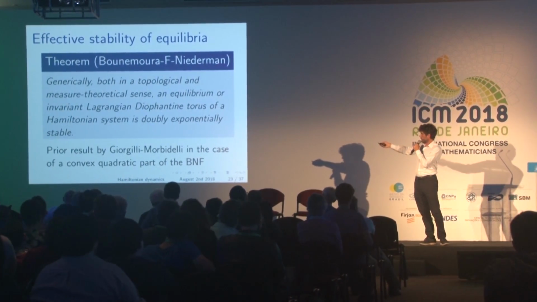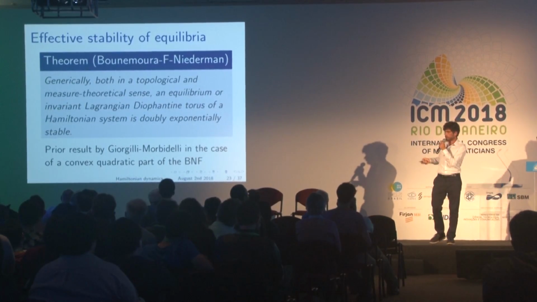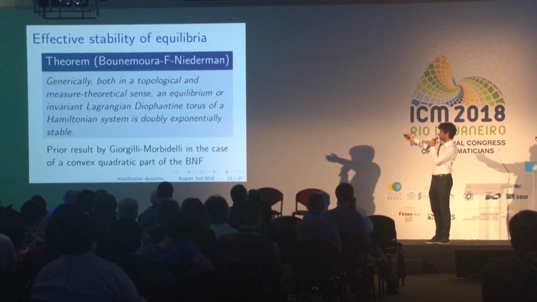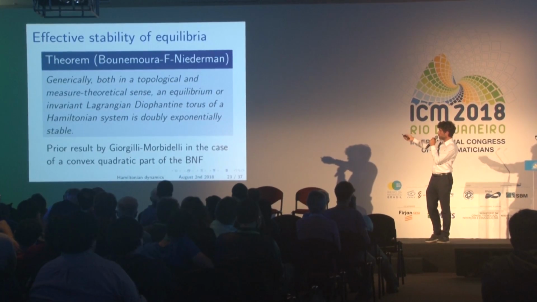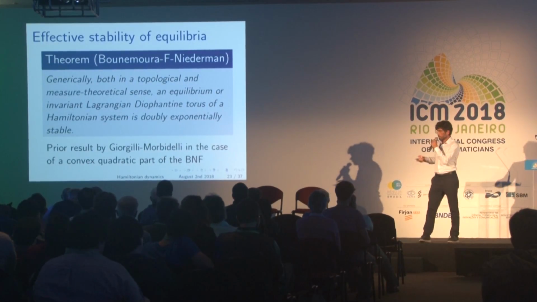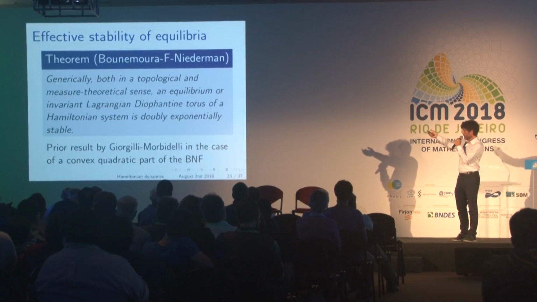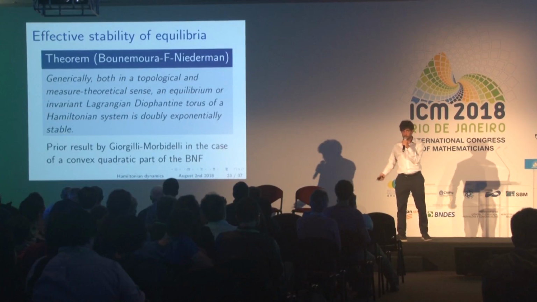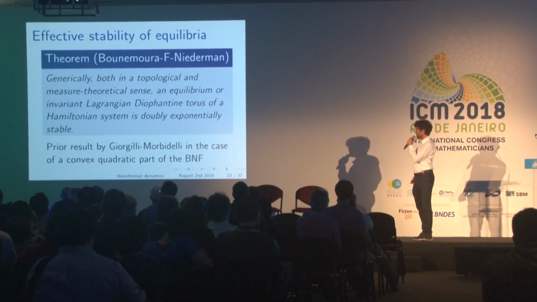It generalizes a result by Giorgilli and Morbidelli, who obtained similar double exponential stability when the Birkhoff form is convex. So now we have a set that is of full measure and open and dense on the Taylor expansion of the elliptic point.